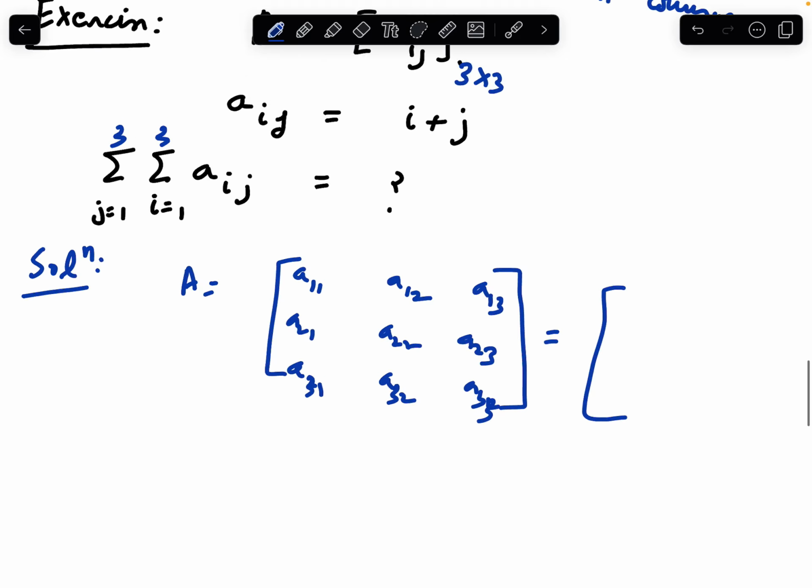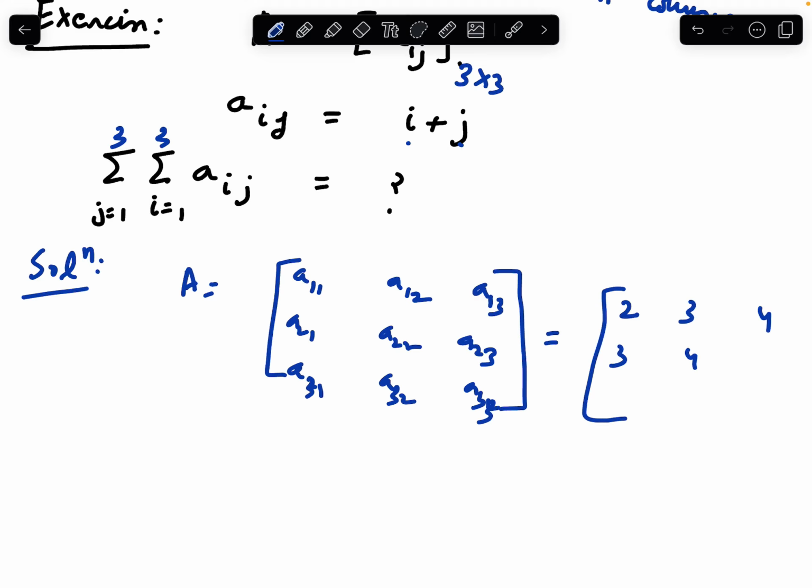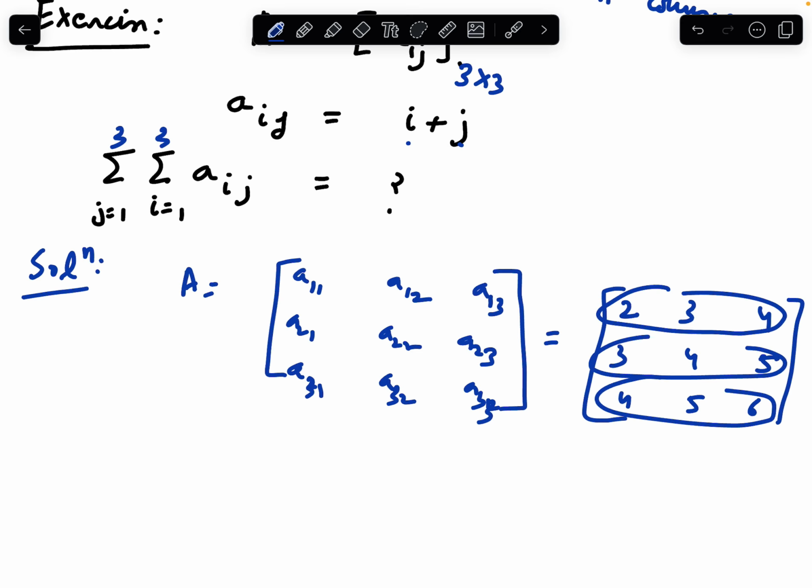So A11 is 1 plus 1, 2, 3, 4, 3, 4, 5, 4, 5, 6, and add everything.